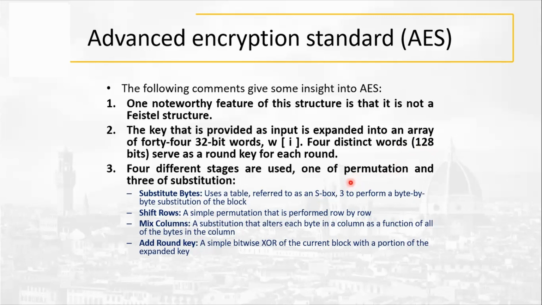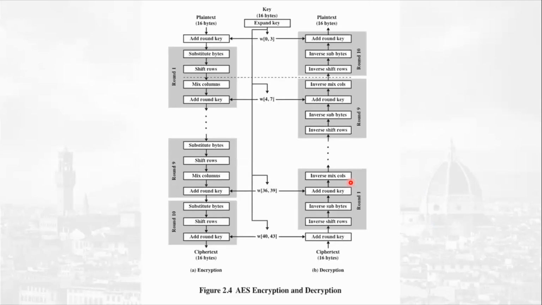Okay, so this is just an overview of AES, and what happens in AES is you have many rounds, 10 rounds, 12 rounds, and 14 rounds. In each round, there are 4 steps.